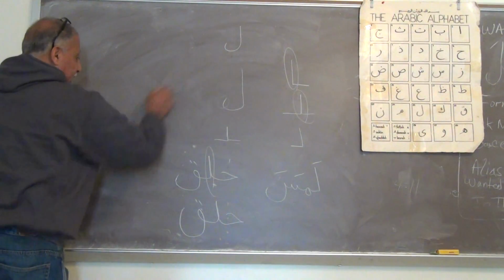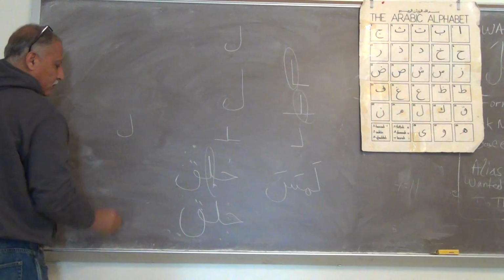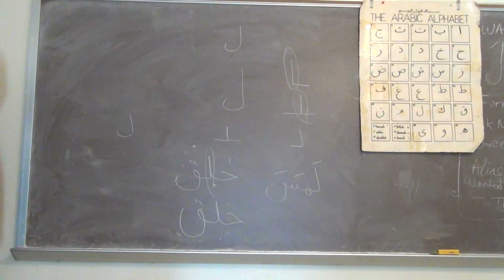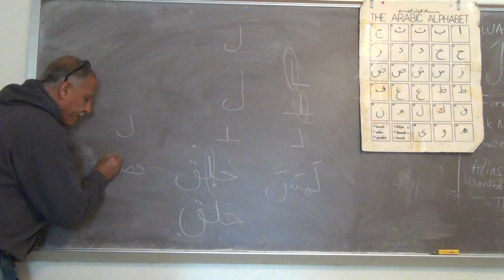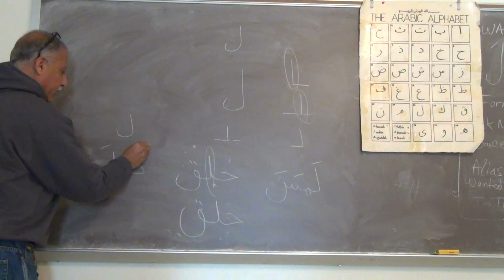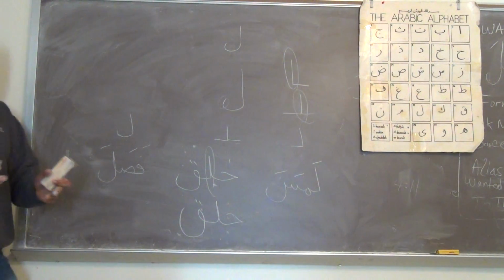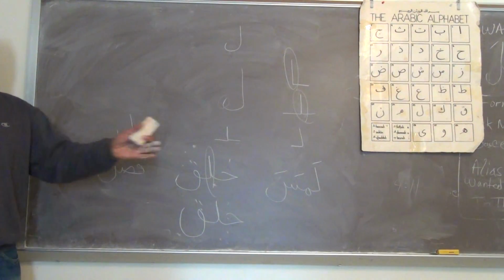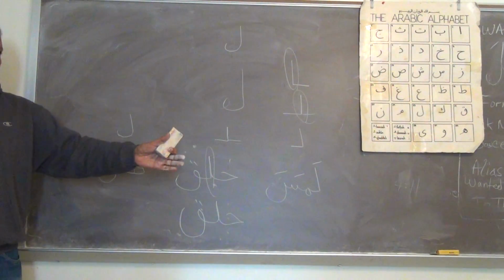So we get a حرف اللام at the end of the word, and it's going to look exactly like this when isolated. A word with حرف اللام: فصل. فصل means to separate something from something, or two things mixed together and you separate them from each other.